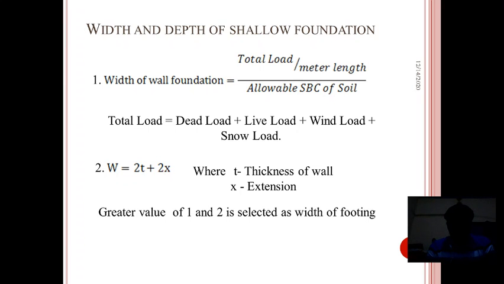Now, after knowing different types of shallow foundation, we are able to calculate the width and depth of shallow foundation. In order to calculate width of wall foundation, we have two criteria. One is based on load and SBC of soil, and second one is by knowing the thickness of wall and extension or offset provided along both ends.